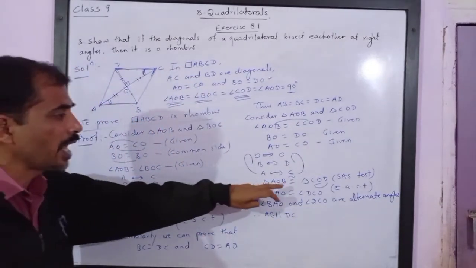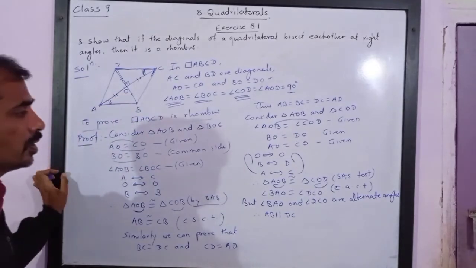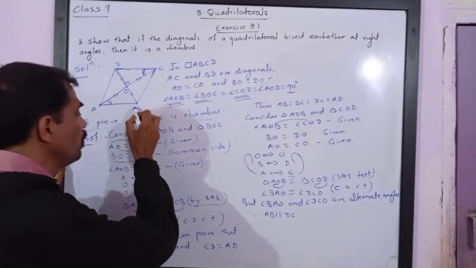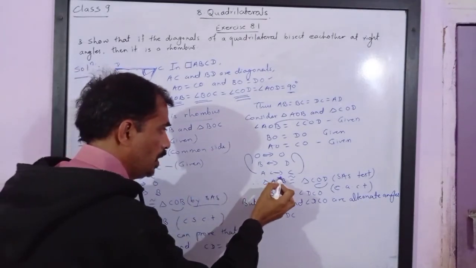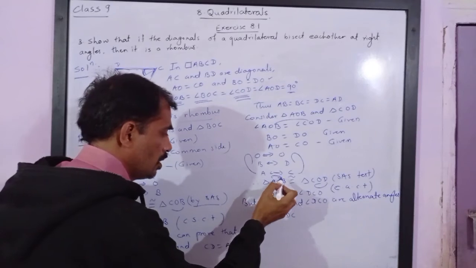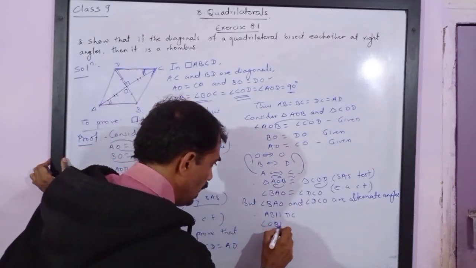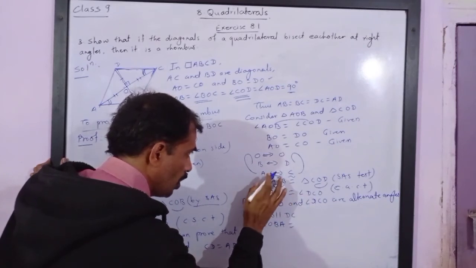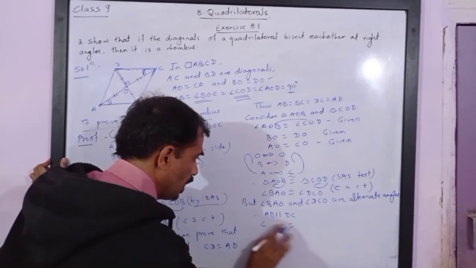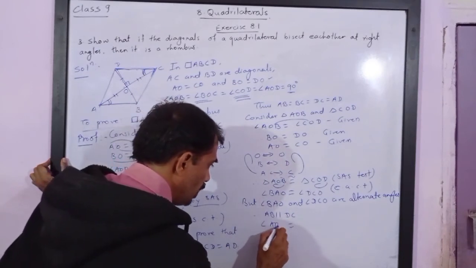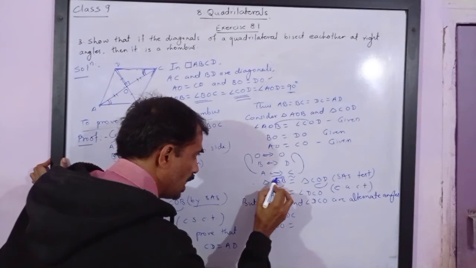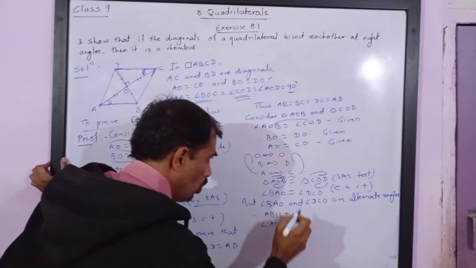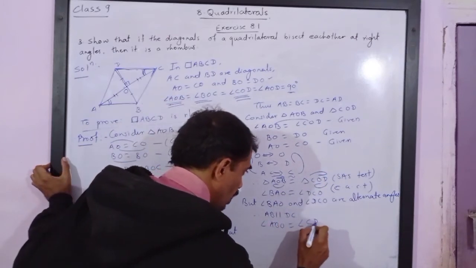Now, in the same triangles AOB and COD, angle ABO will be equal to angle CDO.